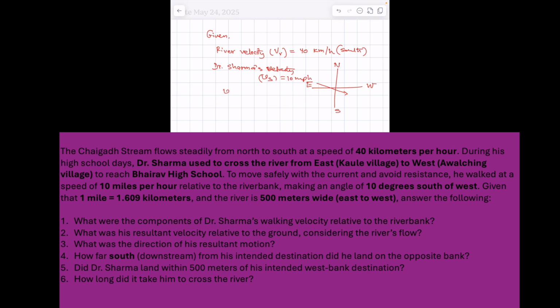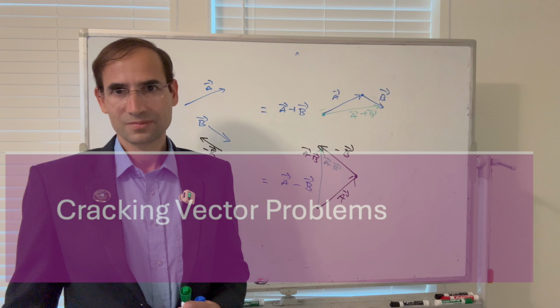If you convert 10 miles per hour to kilometers per hour, you have to multiply by 1.609, which will give 16.09 kilometers per hour. Make sense?